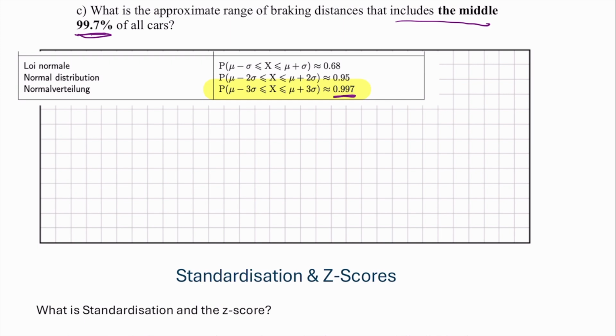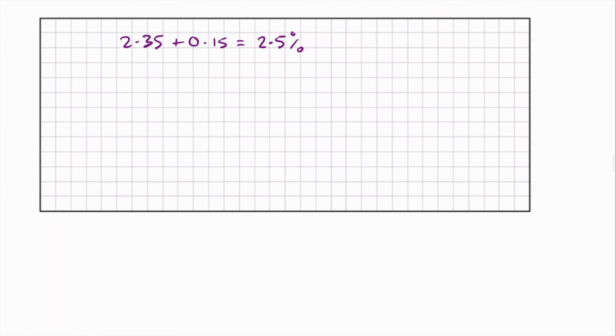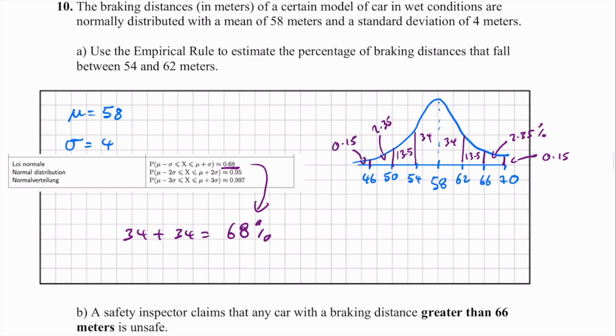Now, this here is 3 standard deviations either side of the mean. So what is the approximate braking distance range that includes the middle 99.7%, 3 standard deviations? So we're going to look at 3 standard deviations from the mean, from up here, and you can see, just highlighting it, 3 standard deviations.